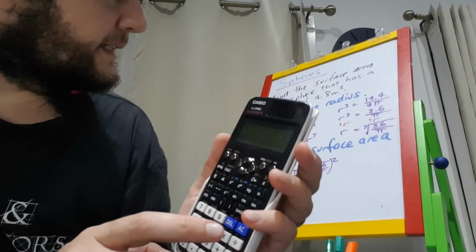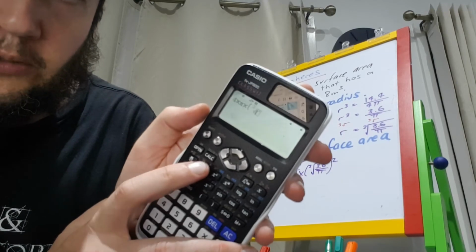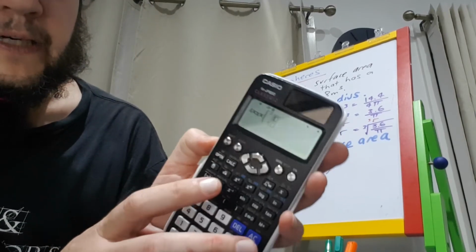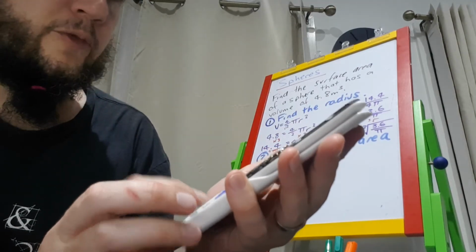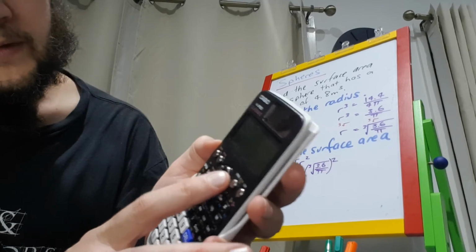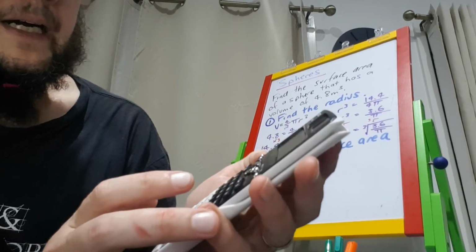4 times pi times, open the bracket. Need to open a bracket there. Then I need cube root. I can't tell you where exactly it is on your calculator, but it will be there. Cube root of a fraction, that fraction being 3.6 on the top and pi on the bottom, close brackets, to the power of 2.